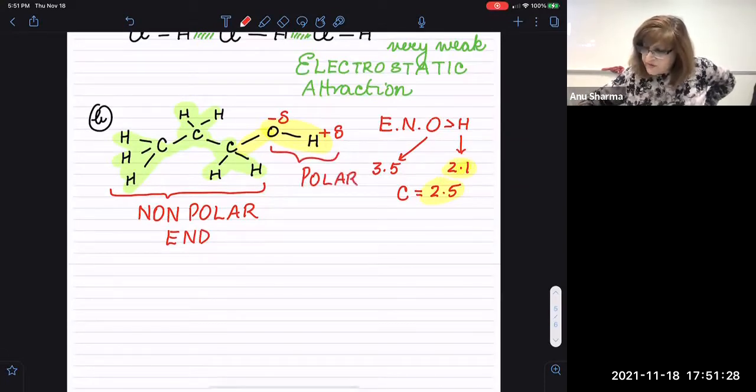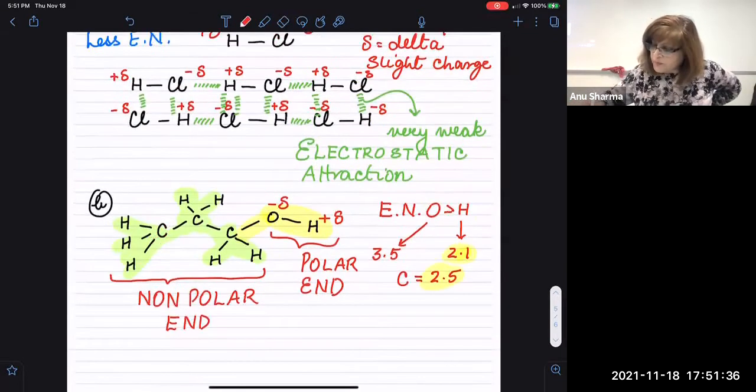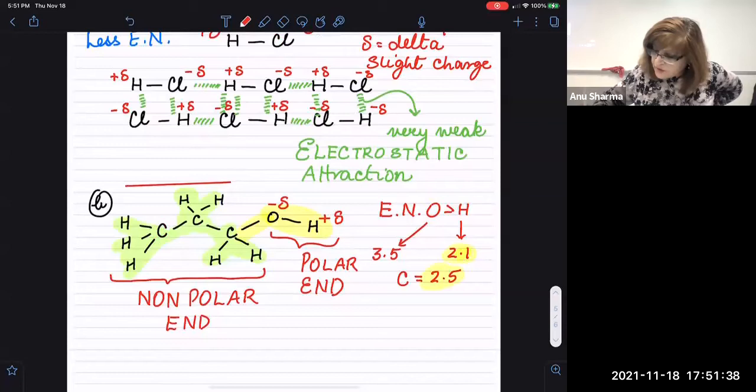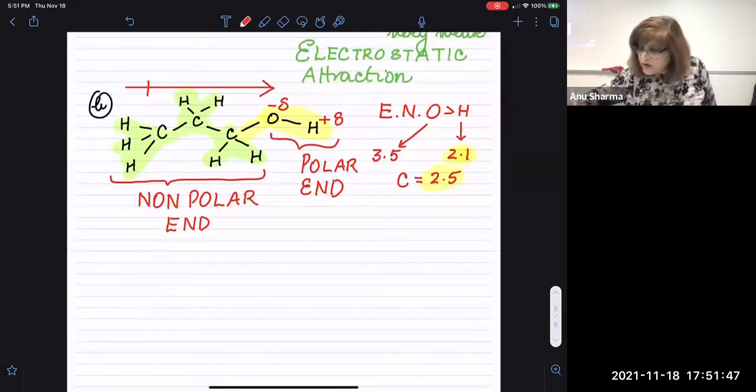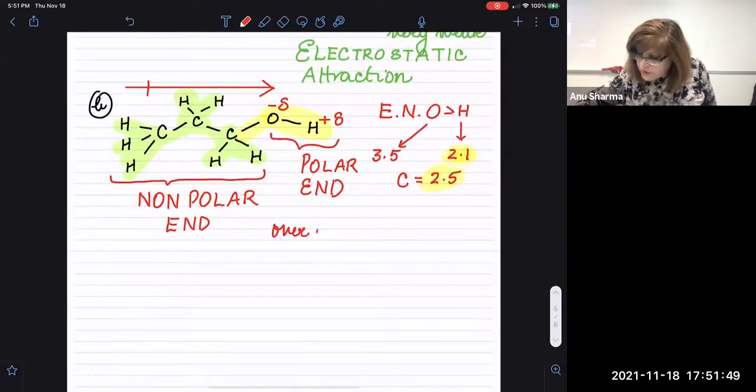The overall pull of the electrons, or the polarity, is going to be towards oxygen. So the pull of the electron clouds is toward oxygen, and overall this is a polar molecule.